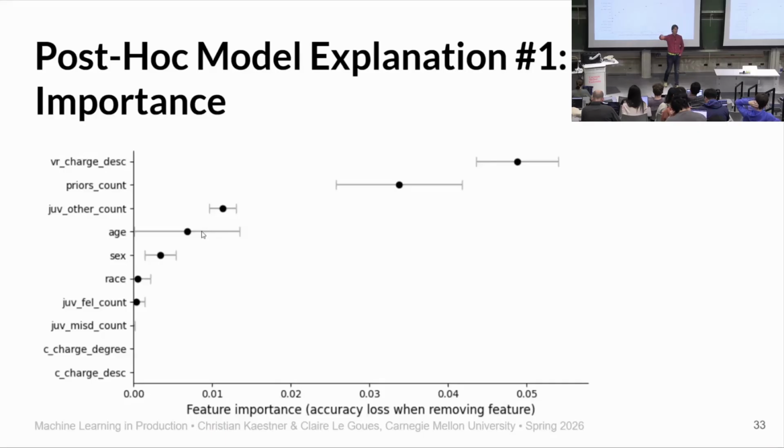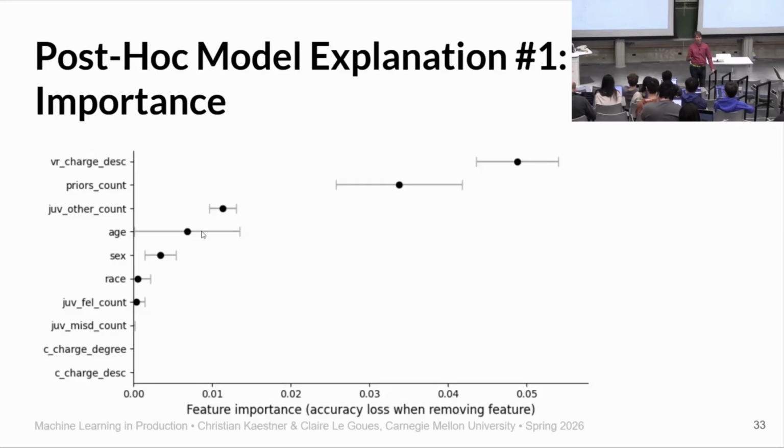I can set it all to 0, or what people typically do is they permute it, just randomly assign prior convictions so that the model doesn't have any meaningful information, and then see how much accuracy is lower in that resulting model. Does this make sense? So you're essentially trying to figure out how much is a model on average across my entire test data relying on that feature.